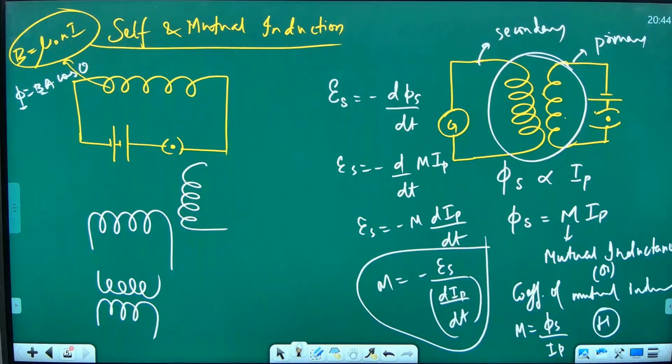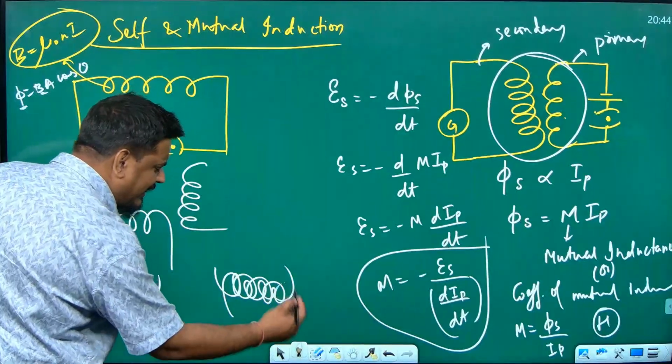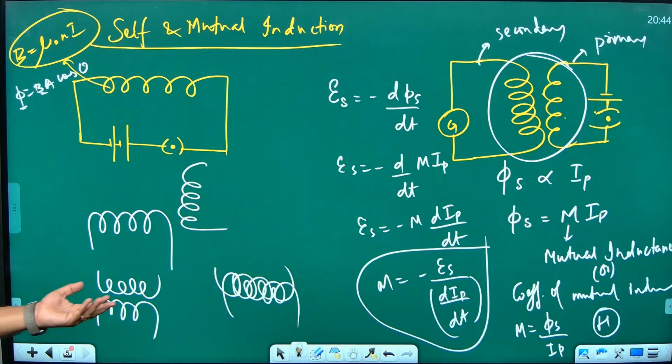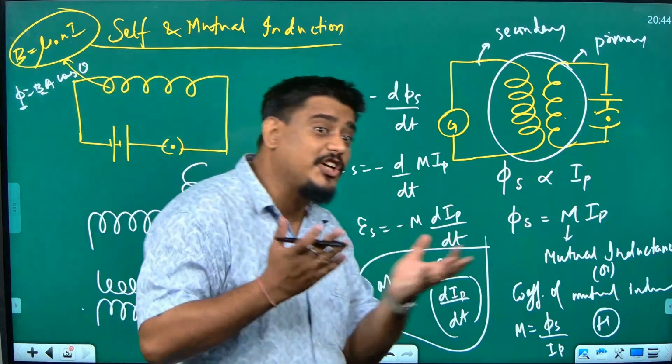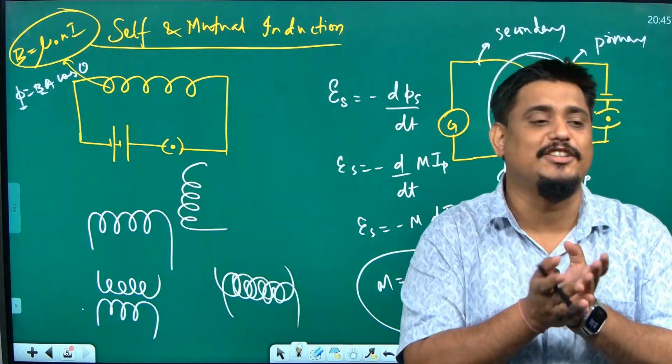Which will have more linkage, this or this? If I am having third condition, primary coil like this, secondary coil like this, which will have more linkage? So, primary coil and secondary coil, how their orientation is, that also determines how much mutual induction is taking place.